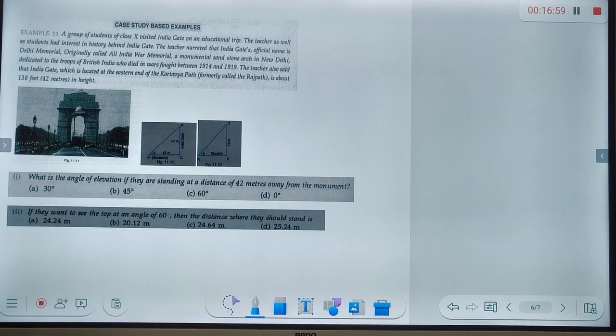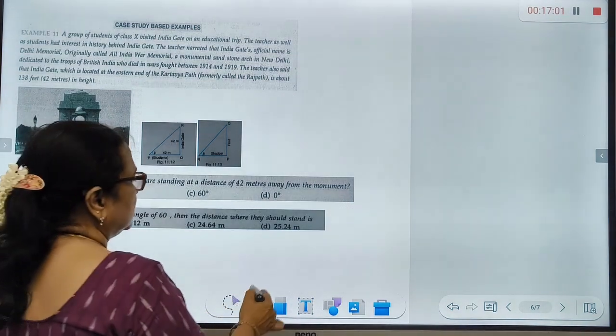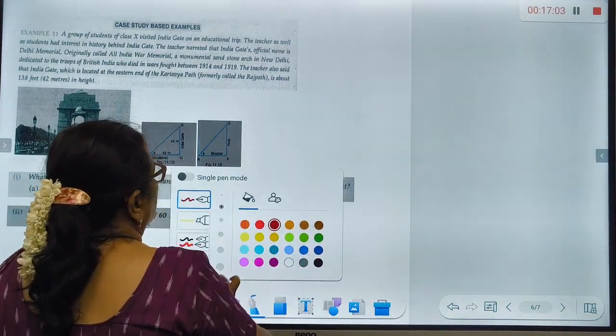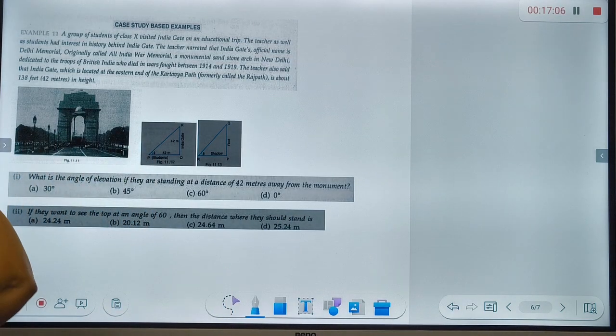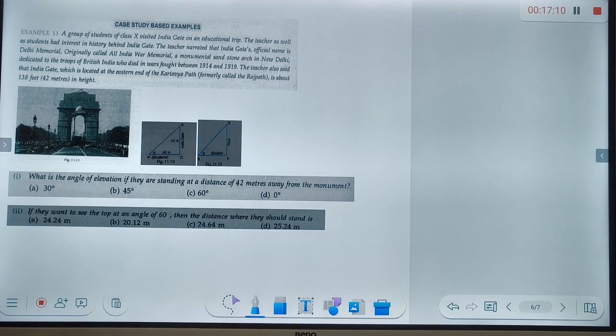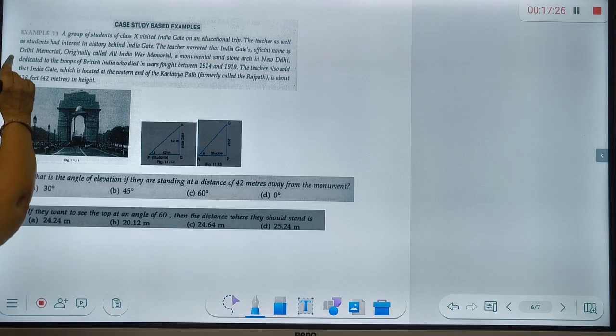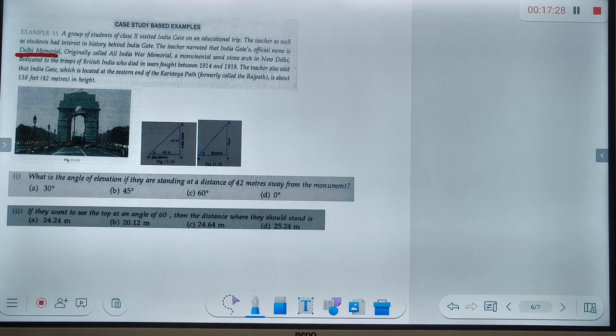Now, we are going to do a small case study. A group of students of class 10 visited India Gate on an educational trip. The teacher as well as the students had interest in the history of India Gate. What is the history behind India Gate? The teacher narrated that India Gate's official name is Delhi Memorial, originally called All India War Memorial.